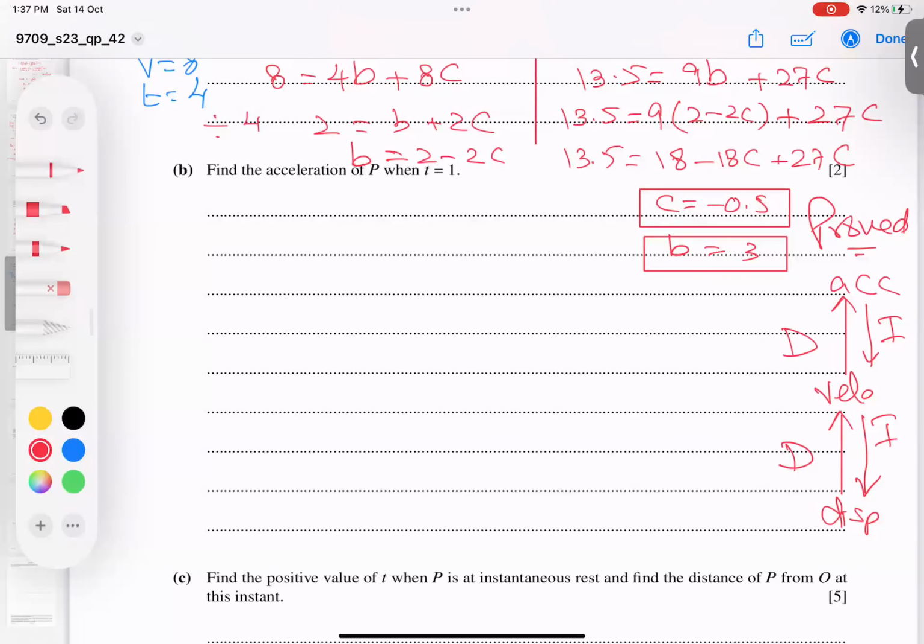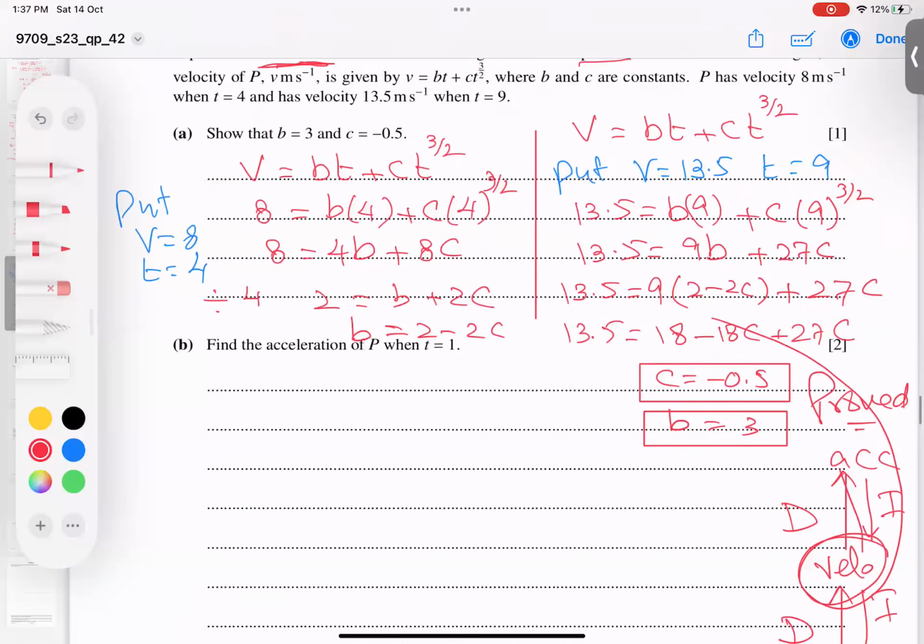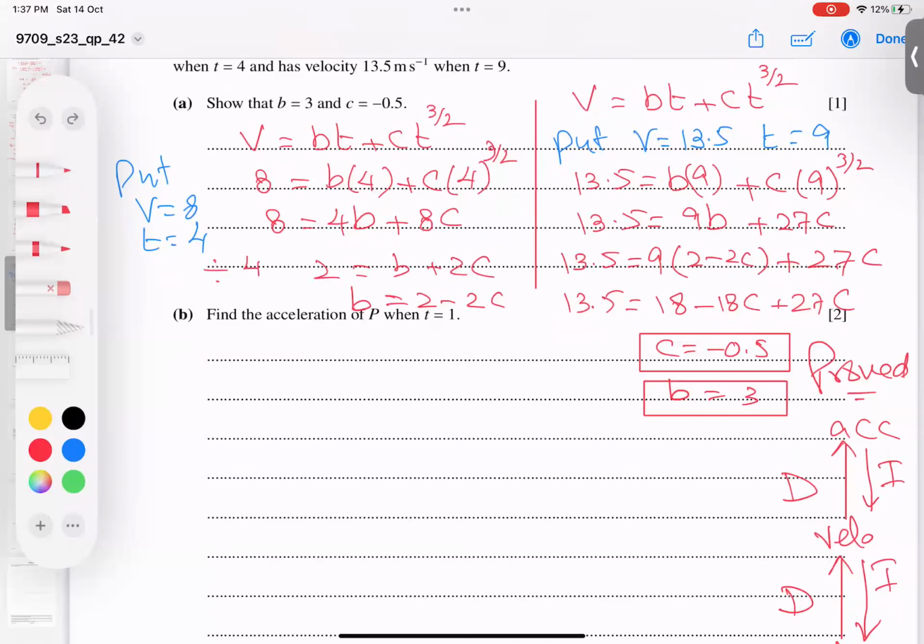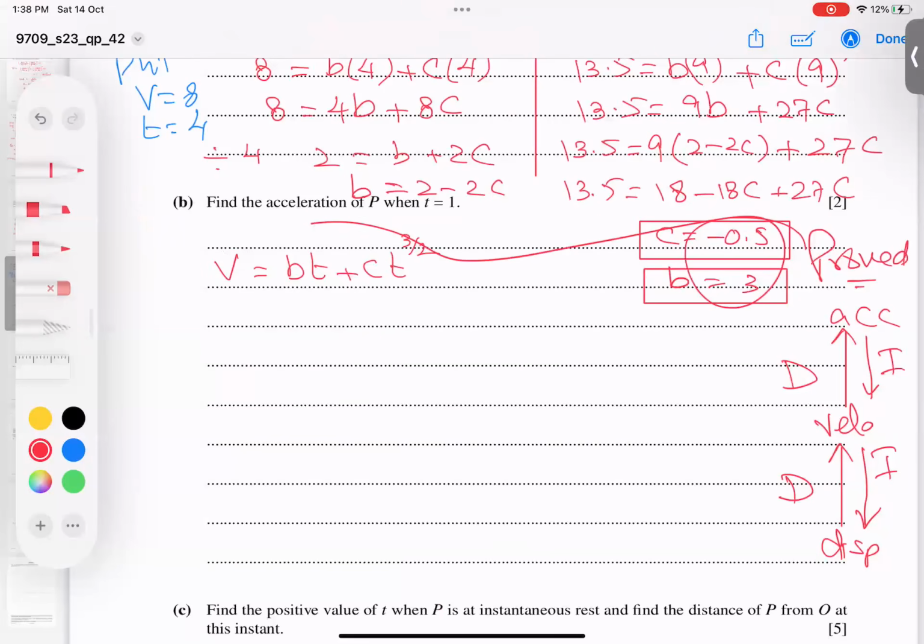Okay. So now let's see how we can do it. I am on the level of velocity because the velocity expression I have. You can see this given here. So velocity expression we have. But I will plug in the B, C values here.